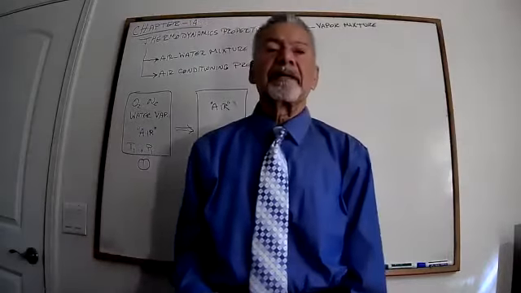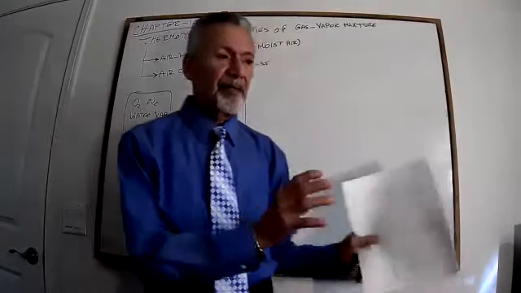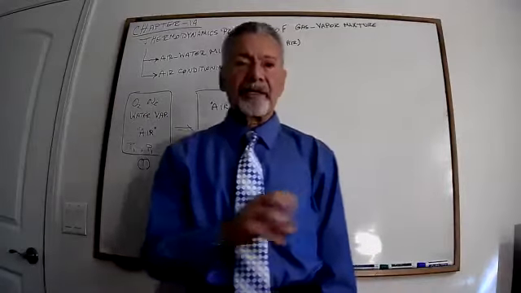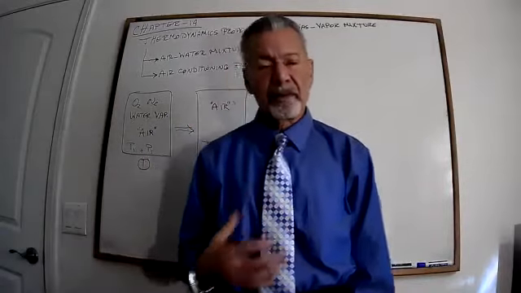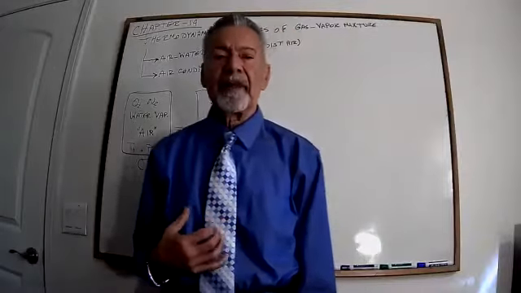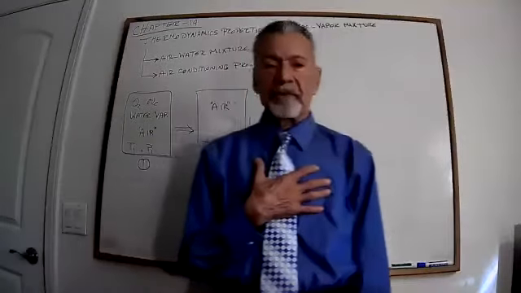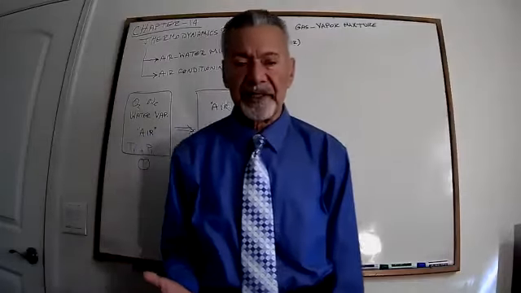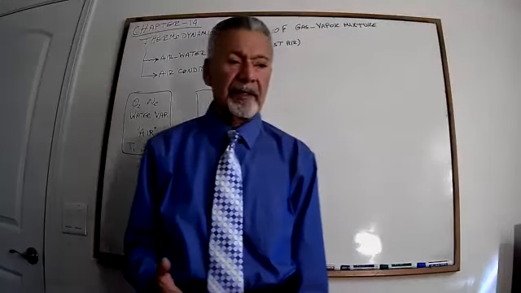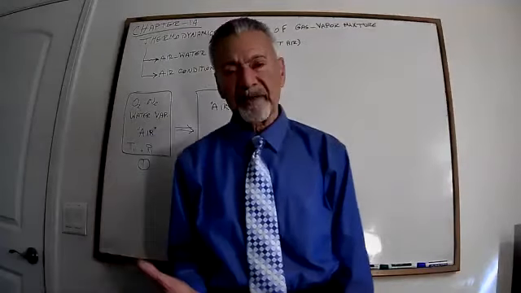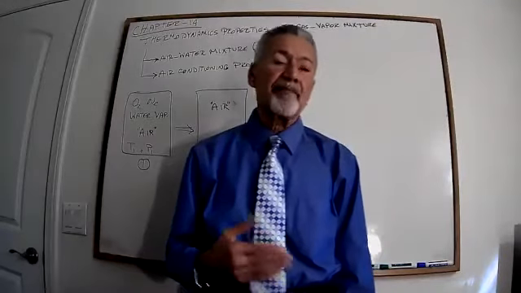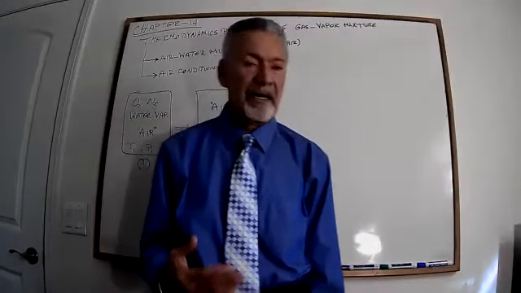Conditioning the air is taking a worst case scenario, that outside air, and conditioning it to our comfort zone. Our comfort zone is basically 20 degrees Celsius, or 76 to 78 degrees Fahrenheit. Anything above that, we're not comfortable.